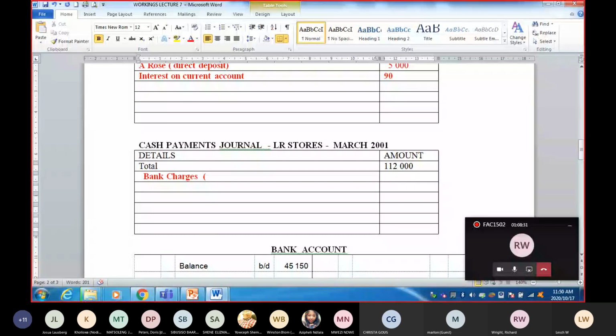The bank charges were 25 rand for service fees and 50 rand of bank charges. You add all that together, and your bank charges amount is 75 rand.